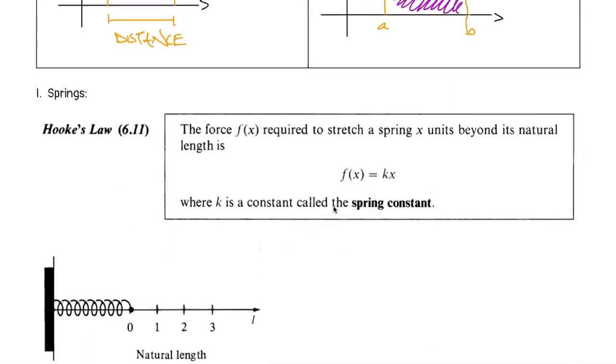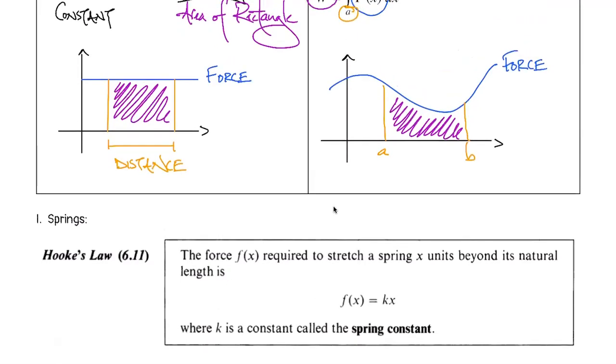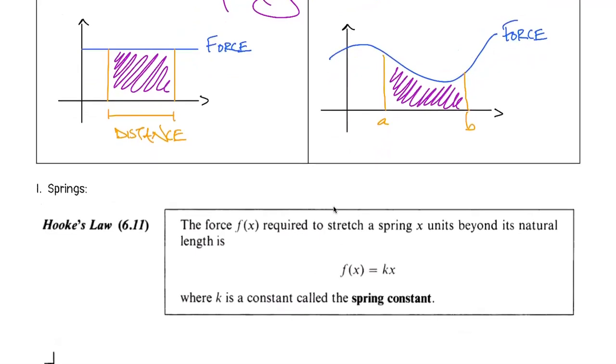Now, what we mean by that is if we think about these two diagrams above, we had the very simple diagram on the left and a little bit more complicated diagram on the right. But if we're wanting to put a diagram for Hooke's law, what we're really looking at is somewhere in between the diagram on the left and the diagram on the right. So it's not as easy as a rectangle, but it's not as complicated as a curve.